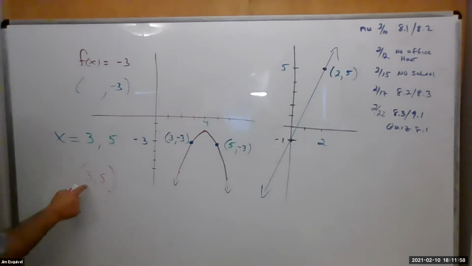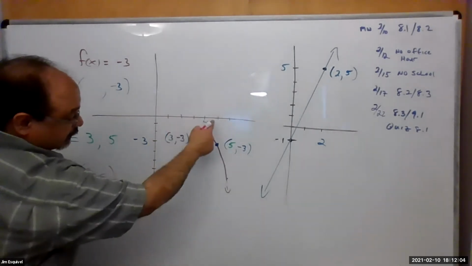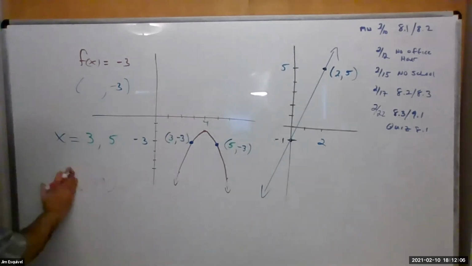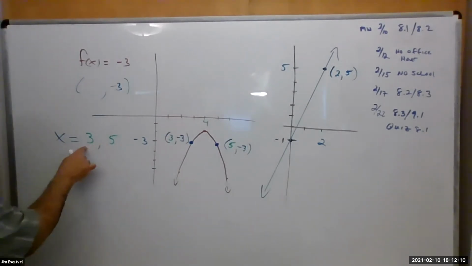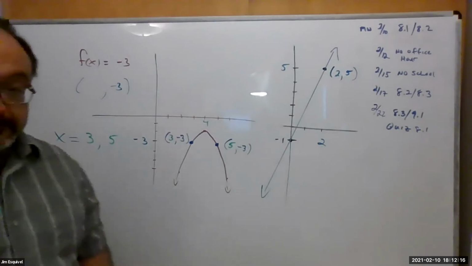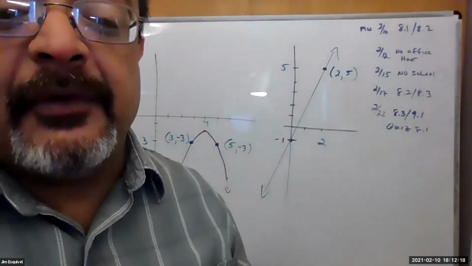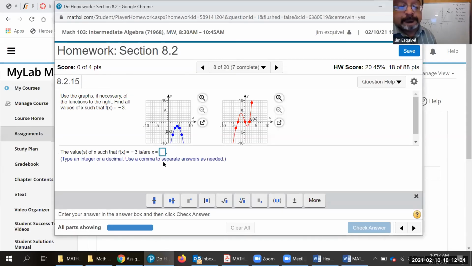Or you're saying it's an interval, all the numbers in between 3 and 5. That's not true. It's just two individual single numbers, a 3 and a 5. So you're just listing the two answers. You have to be careful how you write it. Any questions there? Just like that.